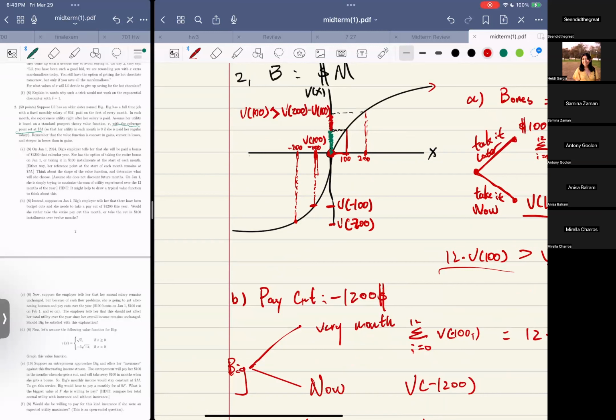We can imagine this gap to be the utility. So the additional dollar that we lose from this point on is going to hurt less than before.